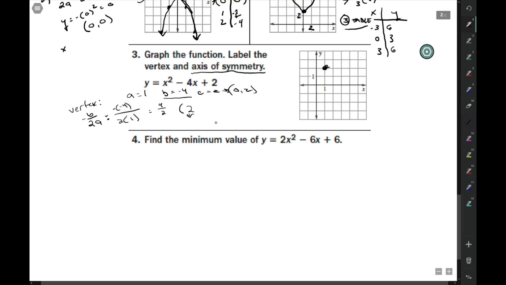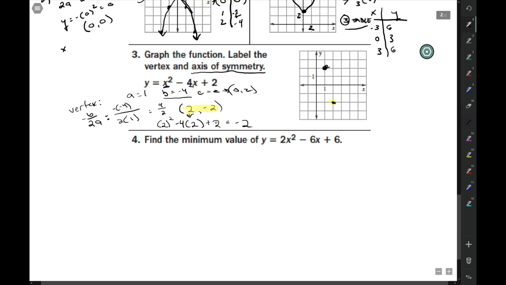The y-coordinate then is 2 squared minus 4 times 2 plus 2. Shaking and baking that, you should have -2. Again, you have to substitute into both. I recommend parentheses. Our vertex is then 2, -2. Over 2 down -2. So right there.